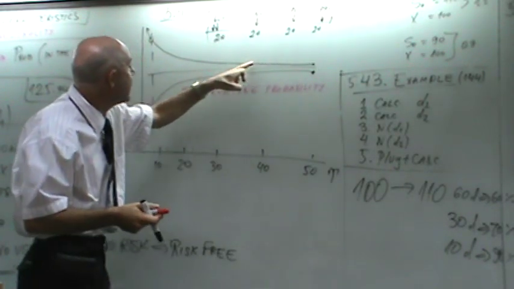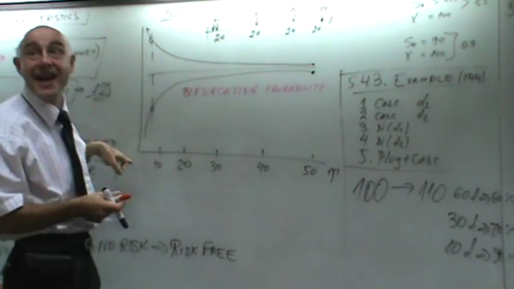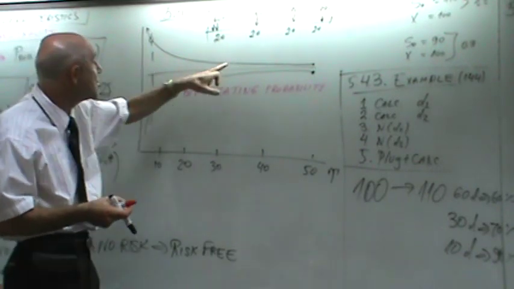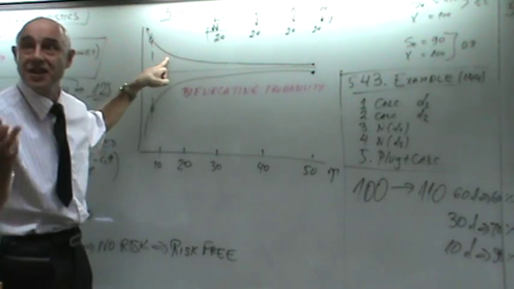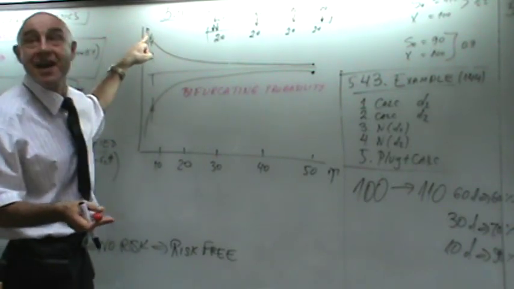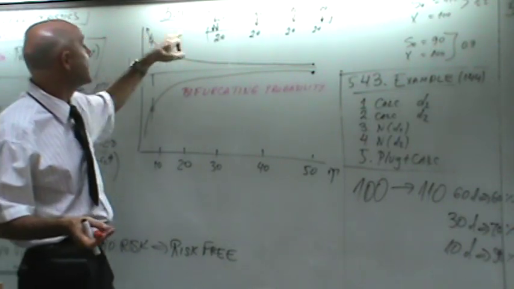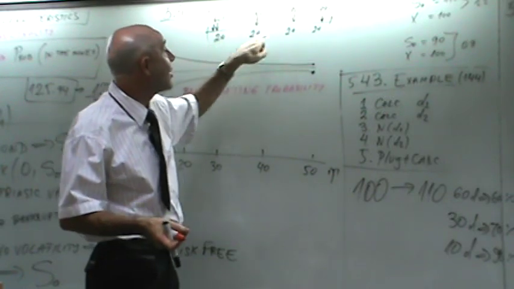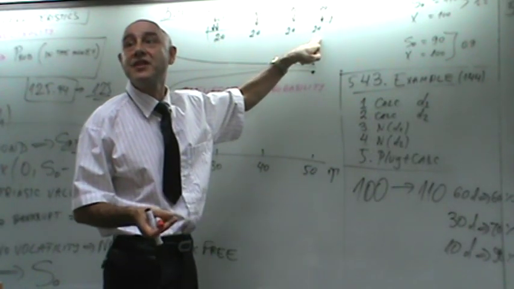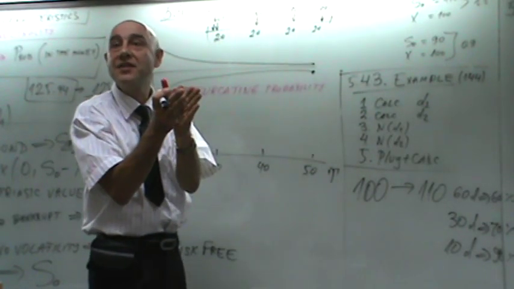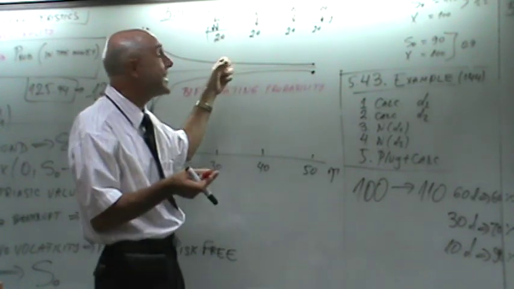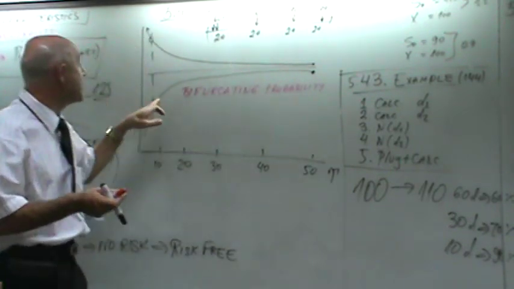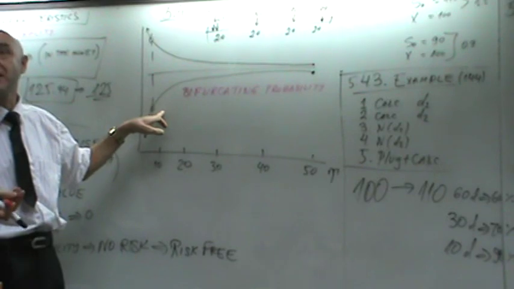It's exactly the same. As you get closer and closer to the end of the game or to the expiration, the chance of, if you're in the money, to remain in the money gets higher. In other words, if you're leading in the score, the chance of winning the game gets closer to the end of the game. Okay? Well, it's exactly the same here. And this is if you're out of the money. All right?